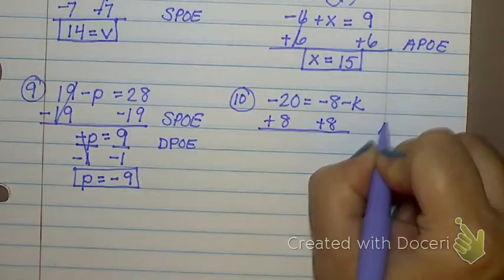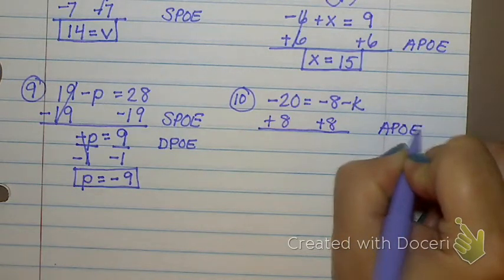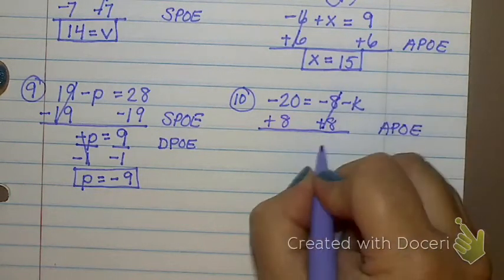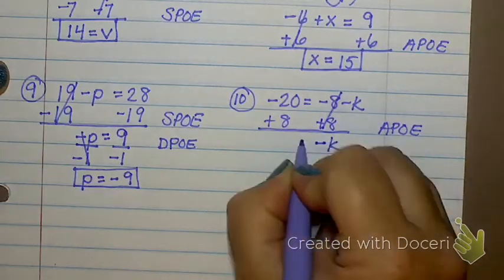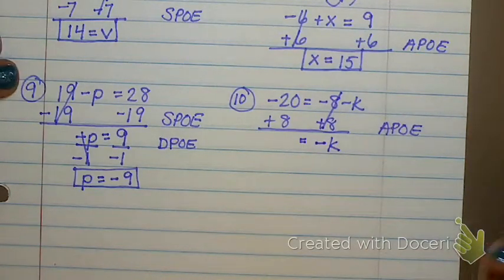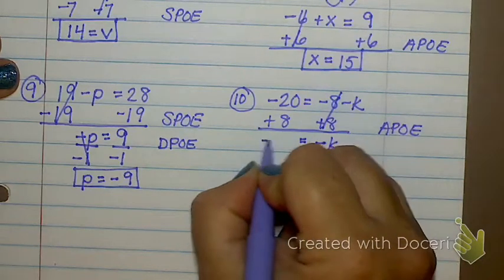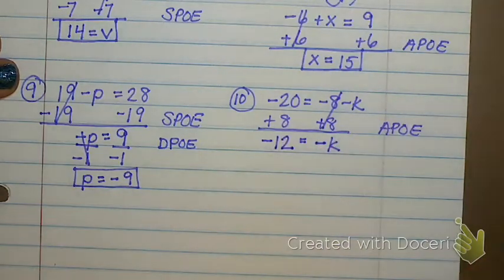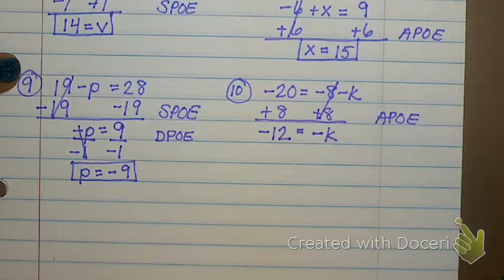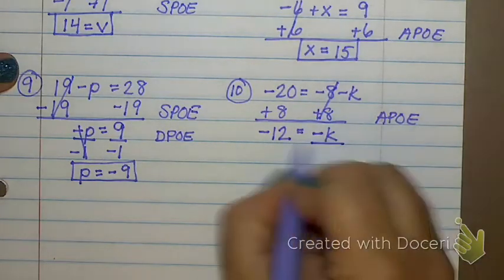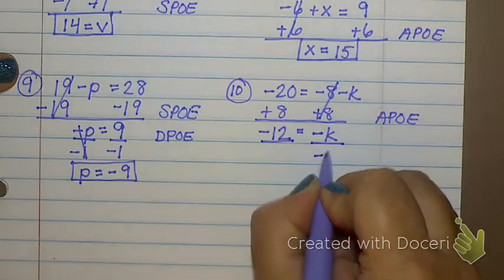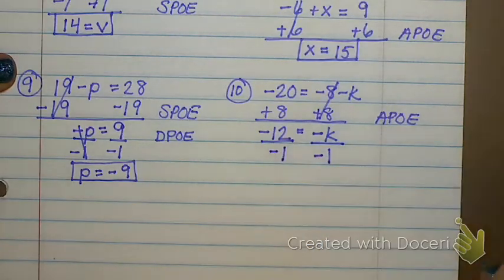What property is that using? Addition property of equality. So my 8 cancels out there. I have -K on the right. And what do I have on the left? -20 plus 8 is -12. Now what do I do? Divide by what? -1. Don't divide by 1. There's no reason to divide by 1.